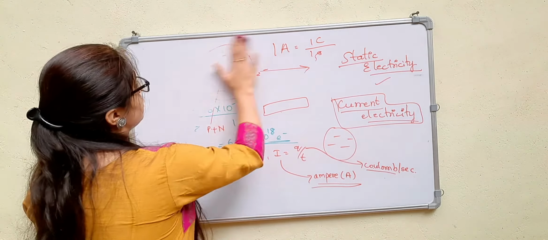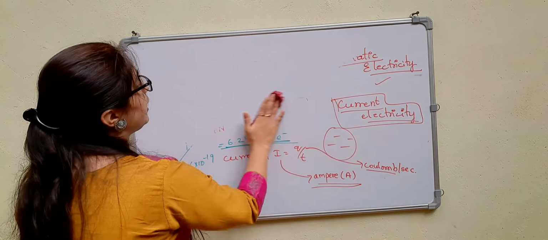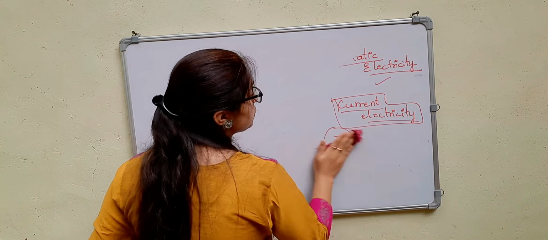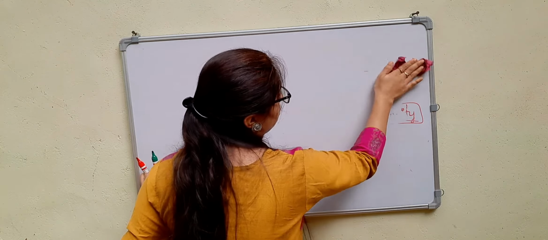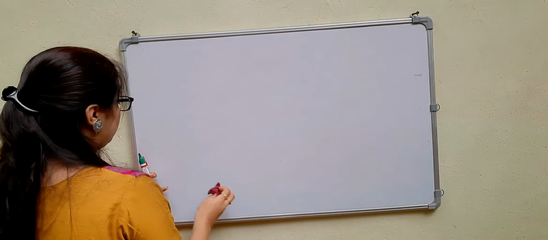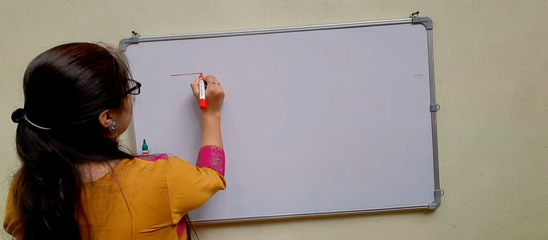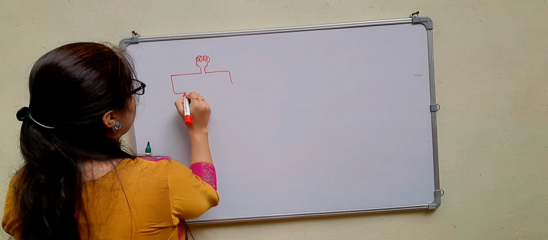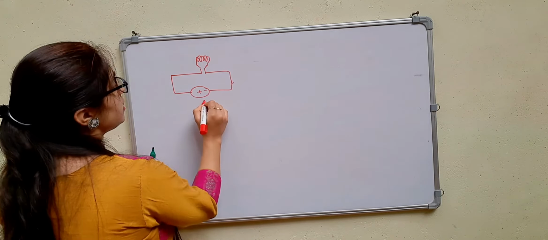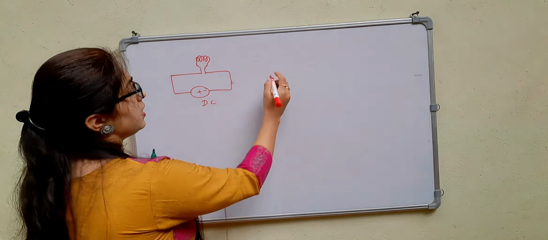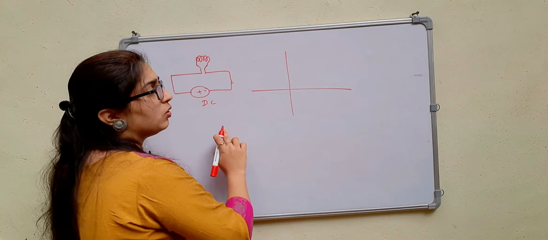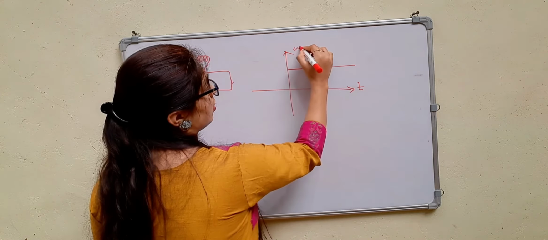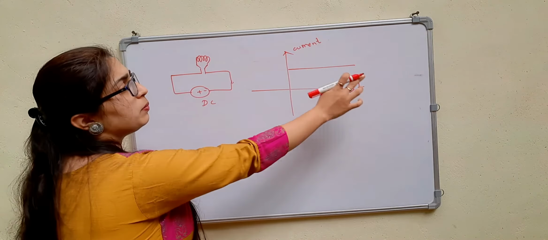Okay. So you have direct current and alternating current, right? Direct current is that whose magnitude will be constant. If I have a bulb here and I am applying DC, it will be constant.